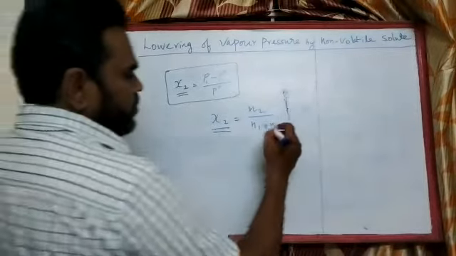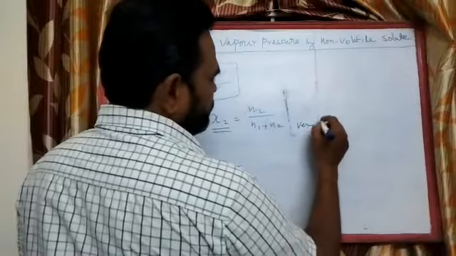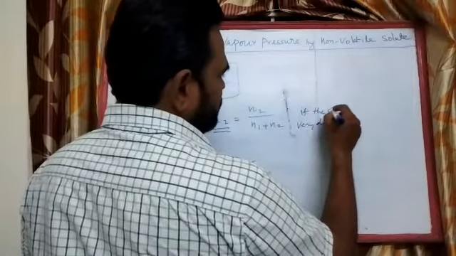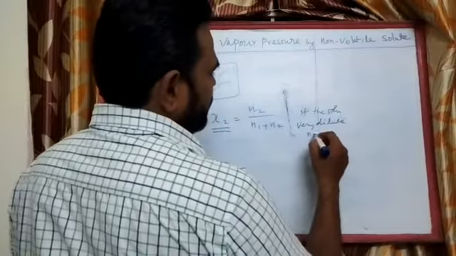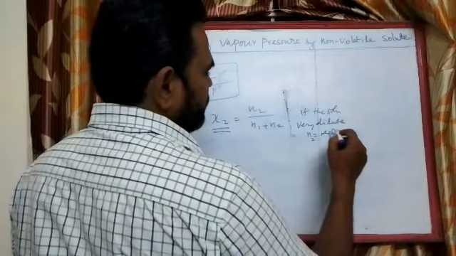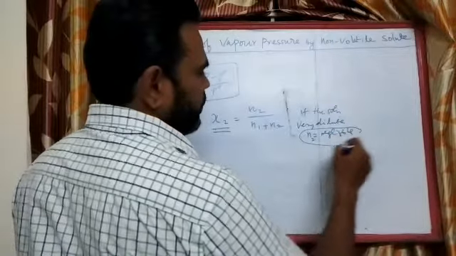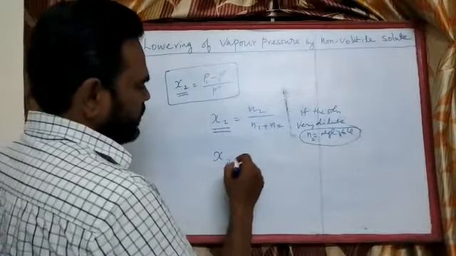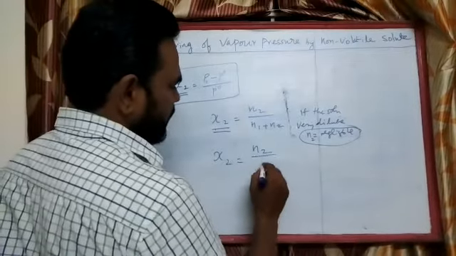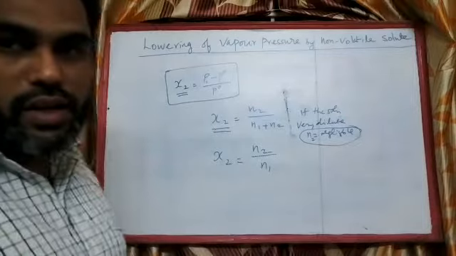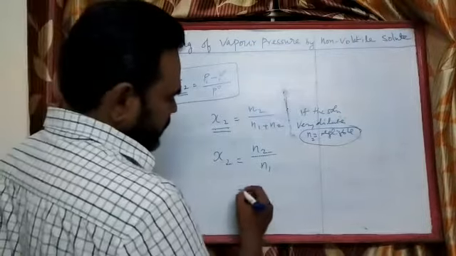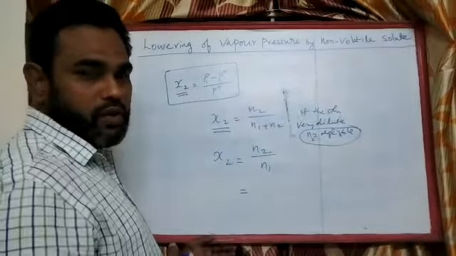If the solution is very dilute, then n2 is negligible. So x2 becomes equal to n2 by n1. And what is n2? n2 is the number of moles of solute.